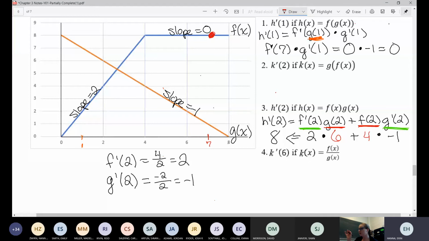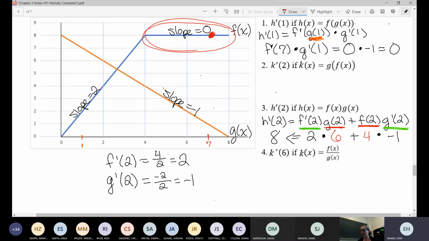If I want f prime of 7, I want to know the slope of the function at that point. Since these are straight lines, the slope of the function at that point is going to be the slope of the line at that point. Since at f of 7 we're on this horizontal line piece, what's the slope of that piece? That slope is 0, so f prime of 7 is 0.